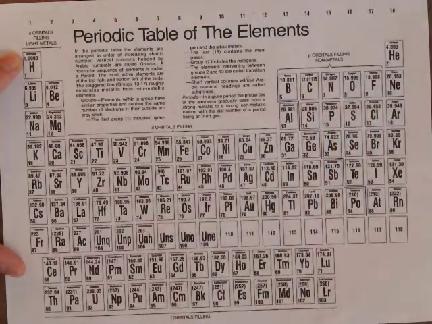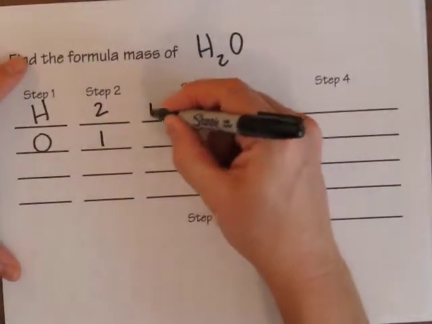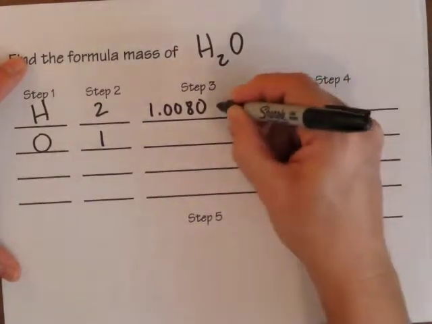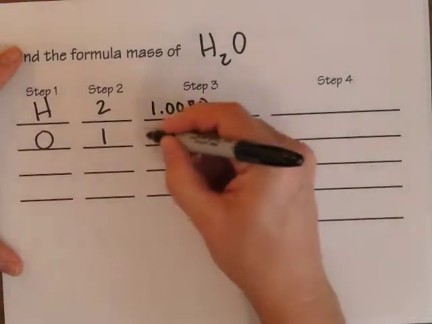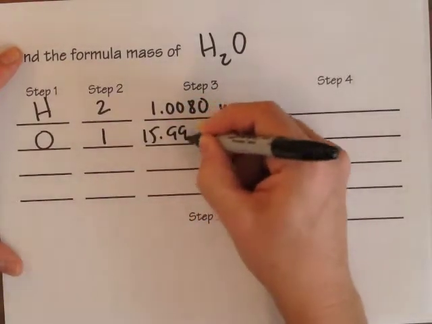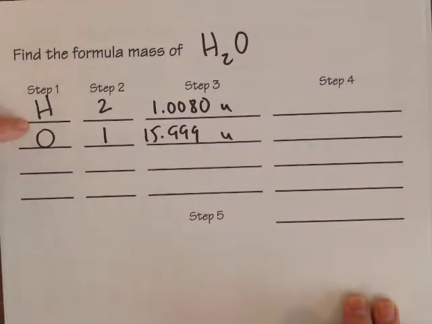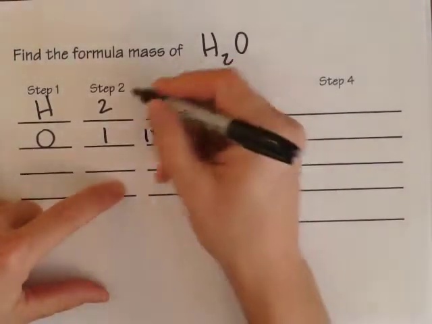And we'll use that when we do these calculations. For hydrogen, the atomic mass is 1.0080, and the unit is the atomic mass unit represented with the letter U. For oxygen, it's 15.999 atomic mass units.